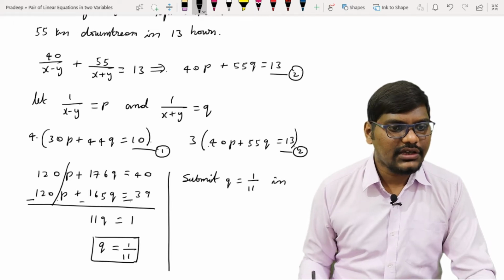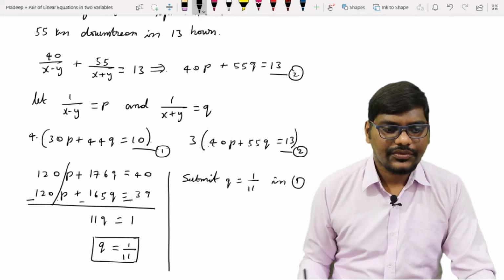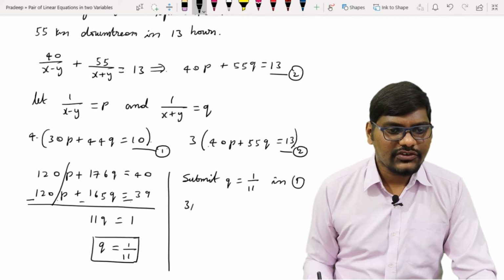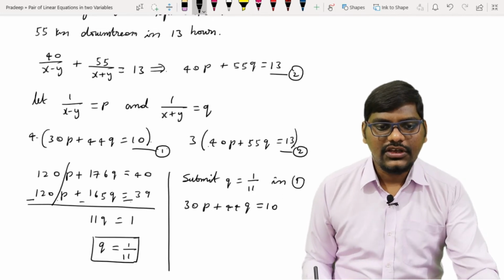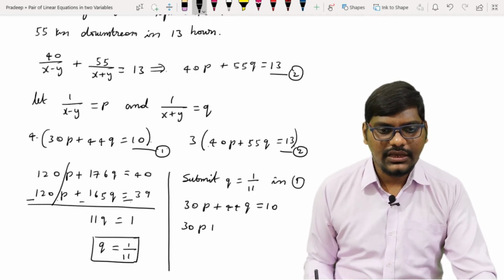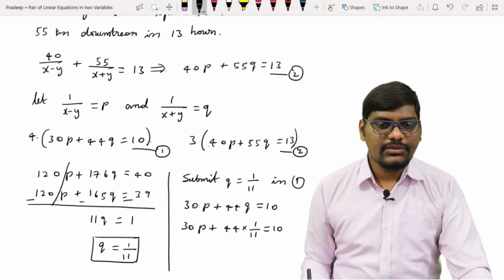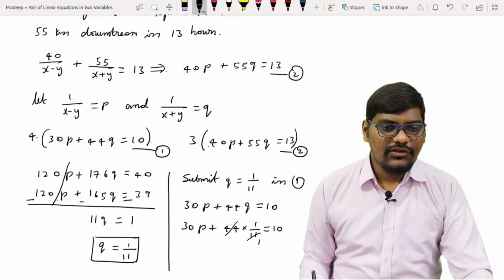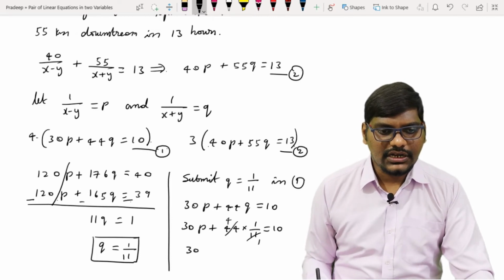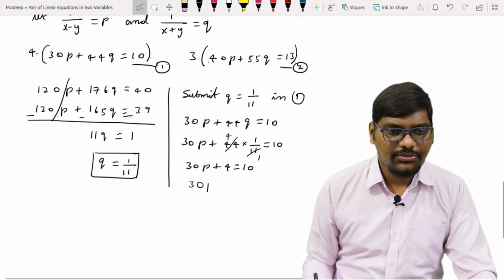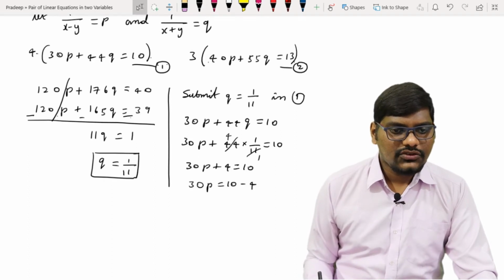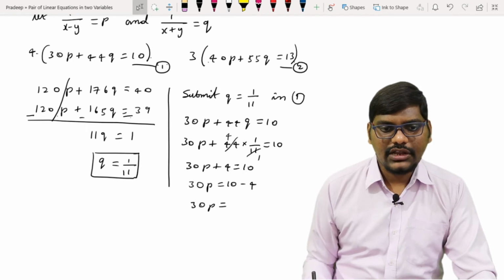I'll substitute this in the first equation. The first equation is 30p + 44q = 10. In the place of q, I'm substituting 1/11. So 30p + 44 × 1/11 = 10. We can cancel: 11 1s are 11, 11 4s are 44. So this becomes 30p + 4 = 10. Sending this 4 to the other side, 30p = 10 - 4, which is 6.